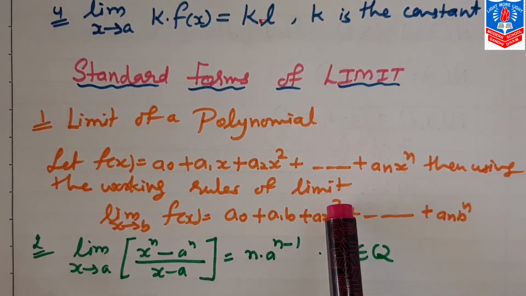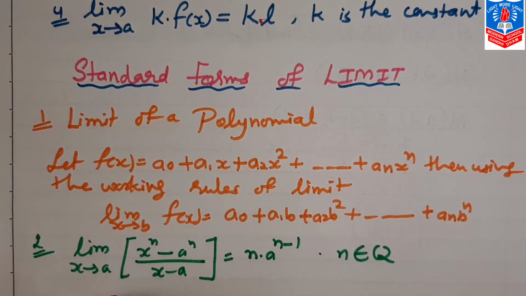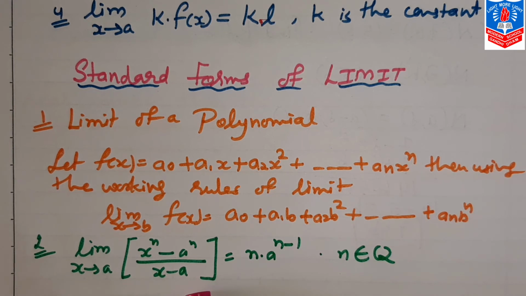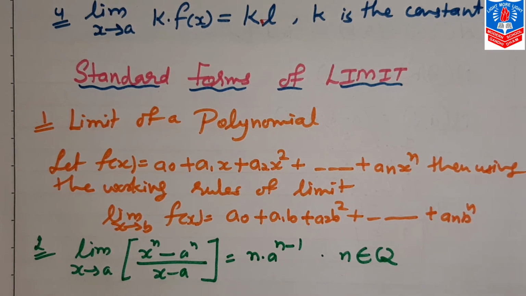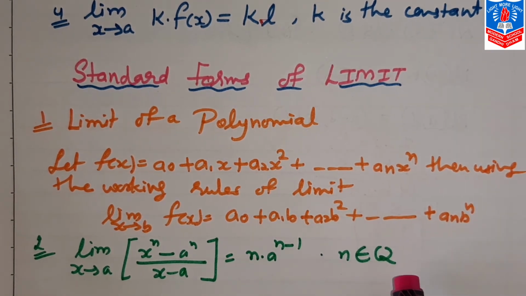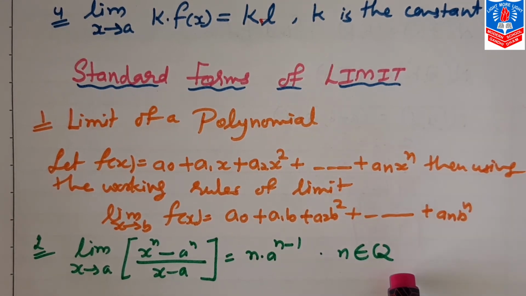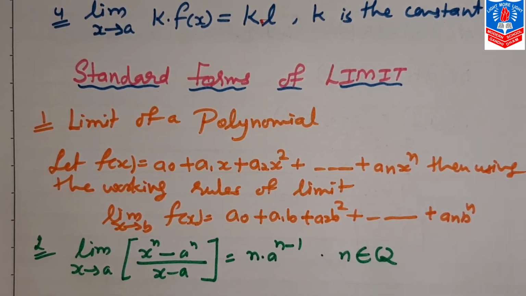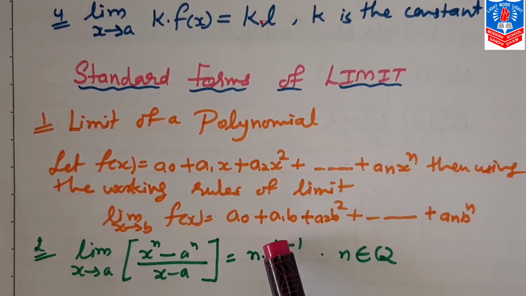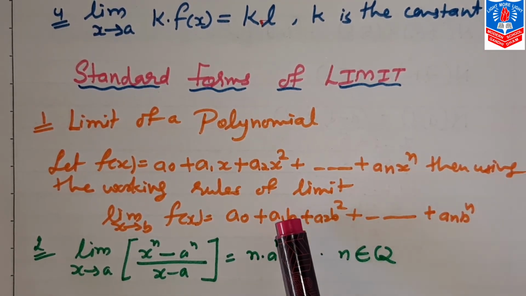So this is the first standard form of limit. Second, limit x tends to a of x raised to n minus a raised to n upon x minus a is always equal to n a raised to n minus 1, where n belongs to Q. Now this Q is the set of rational numbers, which are always in division form. So these are 2 standard forms of limit.